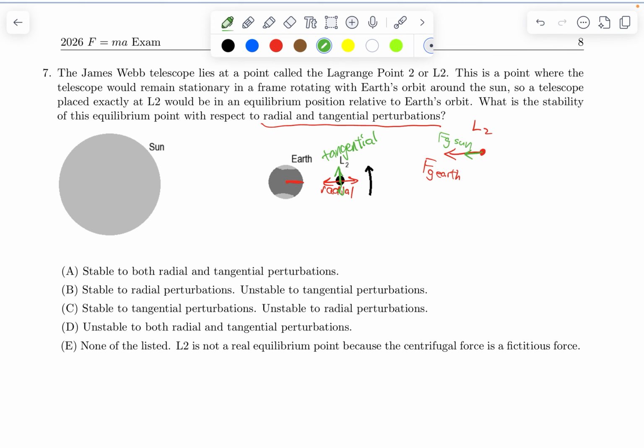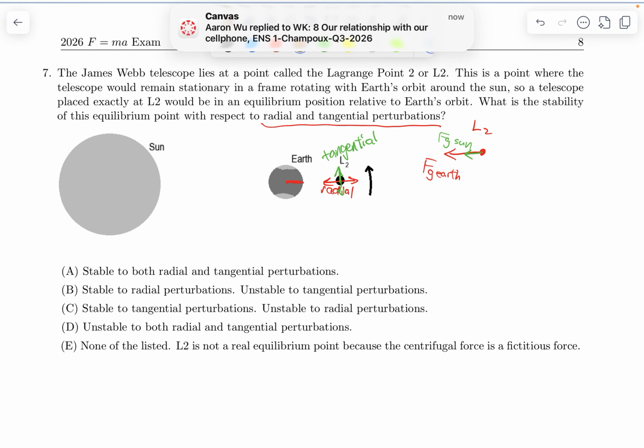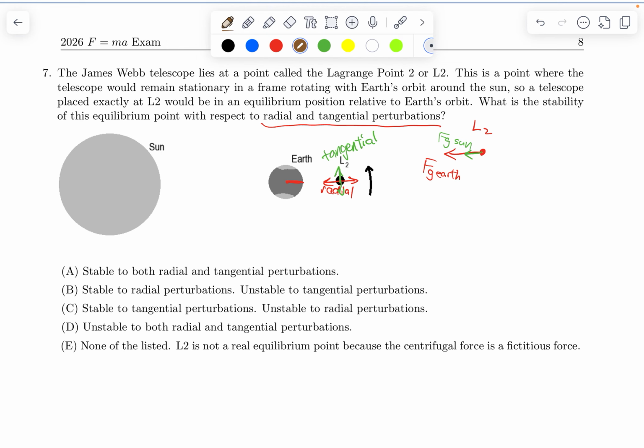And we also have a fictitious force, like in the inertial frame, that is the centrifugal force, which is equal to m omega squared r. Basically you have to have the centrifugal force balance the sun and the earth.